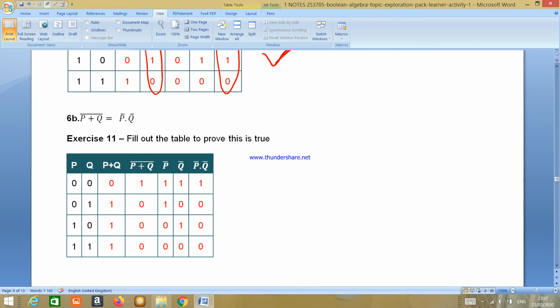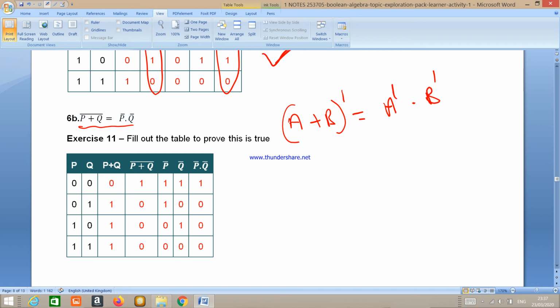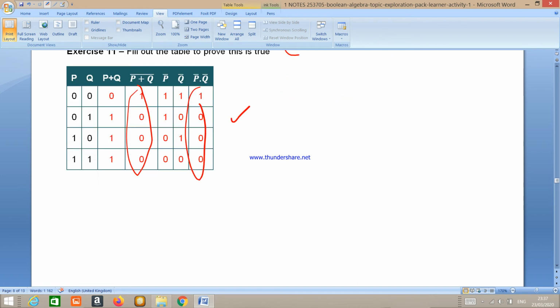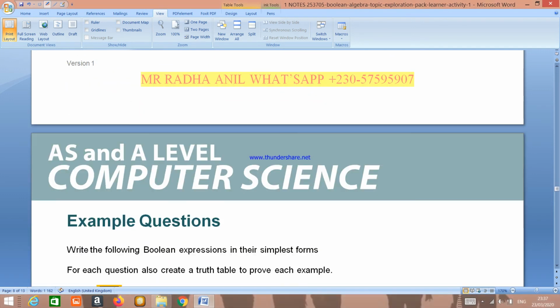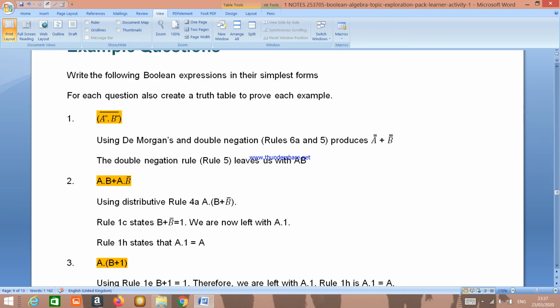Next is, let's say, A plus B dash, it's the same thing as A dash multiplied by B dash. You can see they have used this, and we have proved it using this one. So have a look at it, go through it carefully.